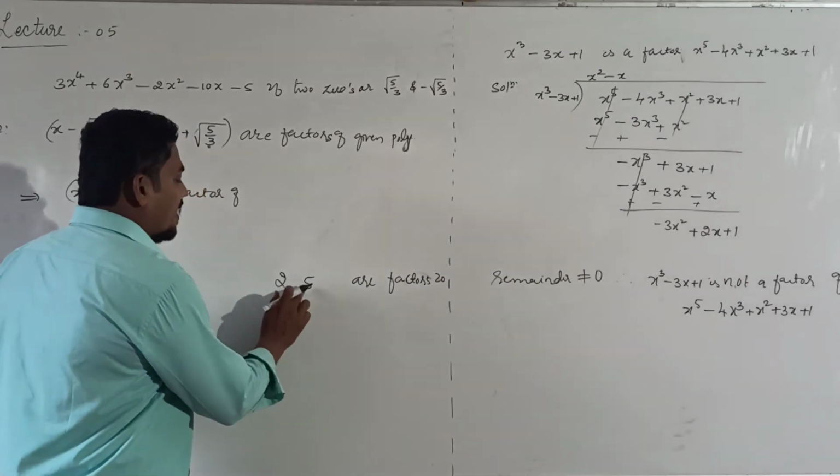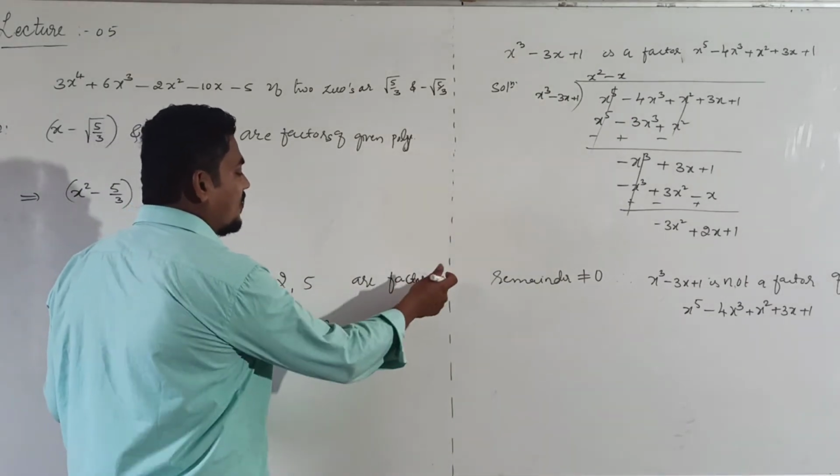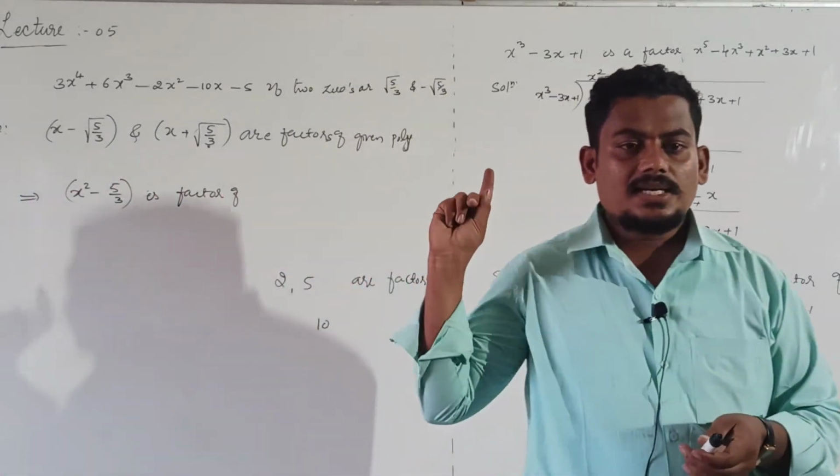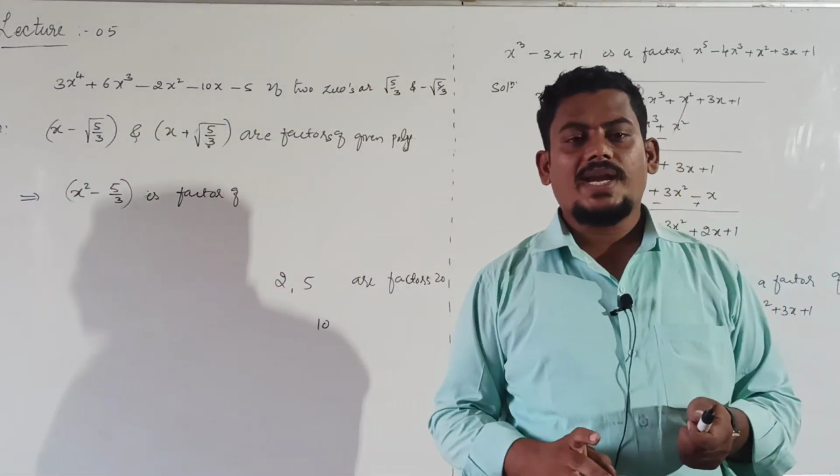That means 2 into 5, 10, is also a factor of 20.